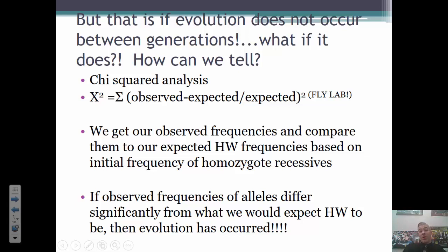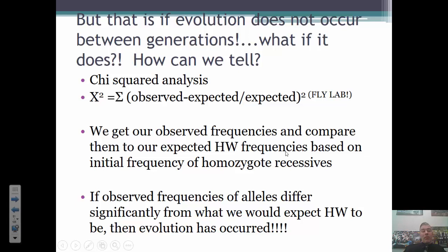Well, we can use a chi-squared analysis, because you can say, okay, based on this generation, we'd expect to get these frequencies. Now, what if the next generation happens and we get completely different things from what we'd expect in Hardy-Weinberg? Well, you can do a chi-squared and do your observed minus expected squared over expected.